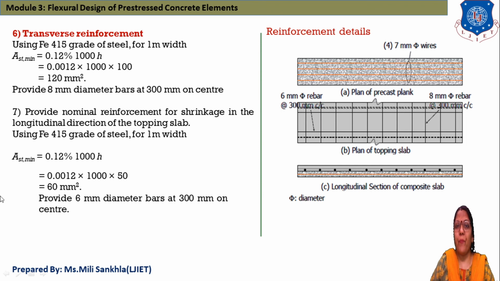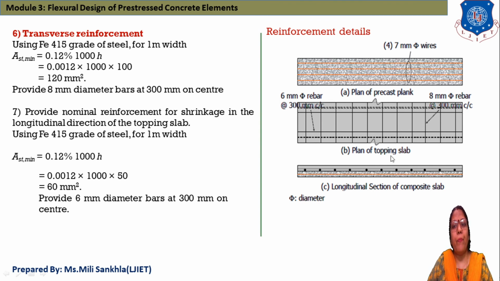Now this one is the detailing of the one way slab. First, look at this, 1 2 3 4, 4 bars of 7 mm diameter are provided. And here second is the plan of topping. This one is the precast plank. In the precast plank we provide 4 numbers of 7 mm diameter bars for reinforcement.